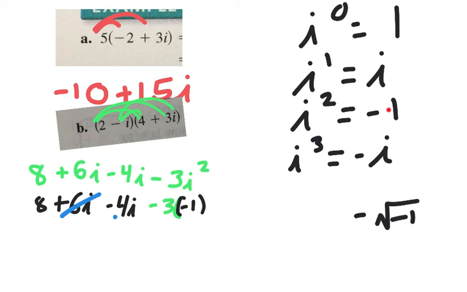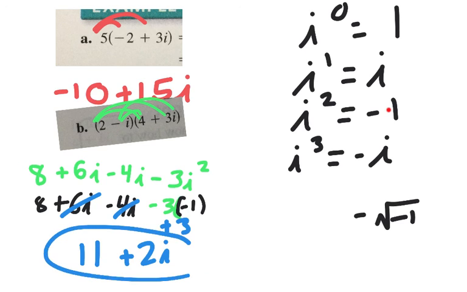So 6i minus 4i is going to give me positive 2i. Negative 3 times negative 1 is positive 3. And then 3 and 8 is 11. So my final answer there is 11 plus 2i.